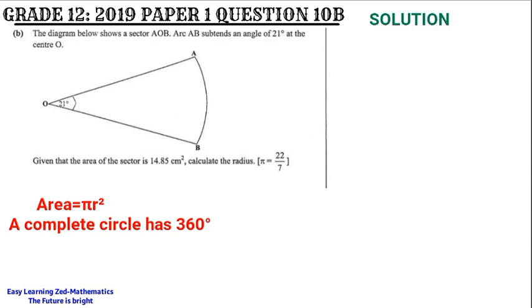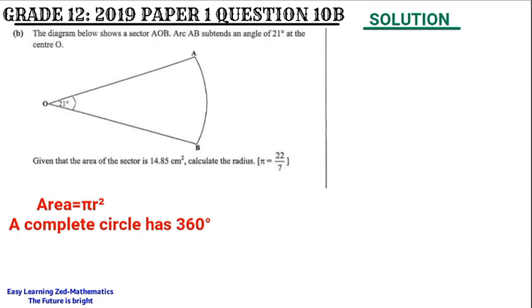I'm going to write "Solution" on top there. The first thing I'm going to write is the fraction of this sector. As you know, this sector is taken from a complete circle, and they have just given us a fraction of the circle. So I'm going to come up with a fraction that stands for this sector.